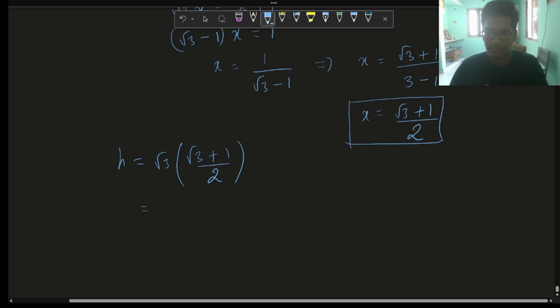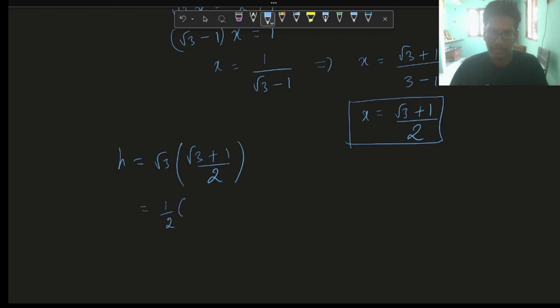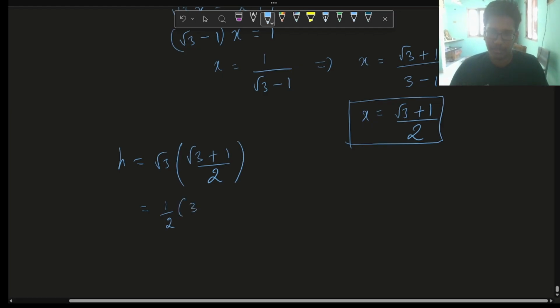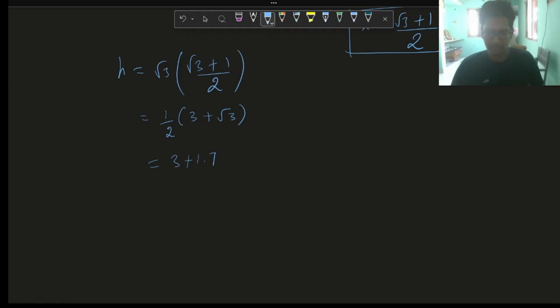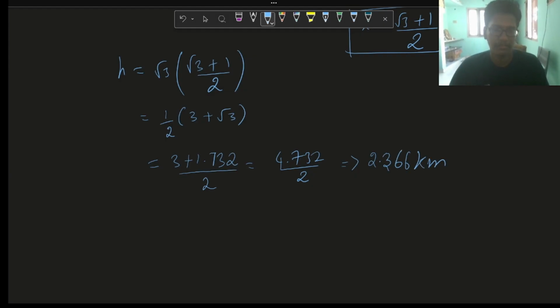Now 1 by 2 can be taken out, and we multiply root 3. So 3 plus root 3 by 2. In the sense, root 3 value is 1.732, so I would get 4.732 divided by 2, which is 2.366 kilometer.